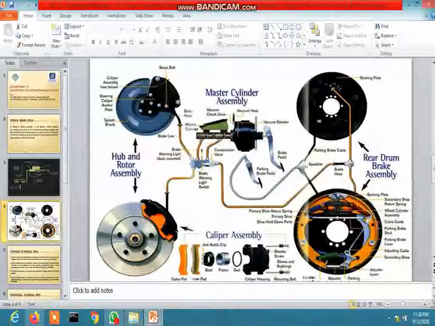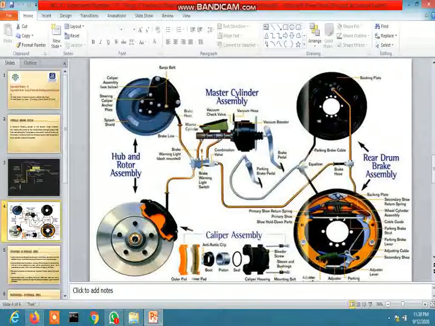Now the construction of the brakes: the front section we may call disc brake, and the rear section you may call drum brake.